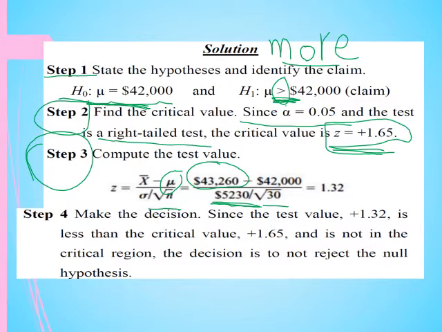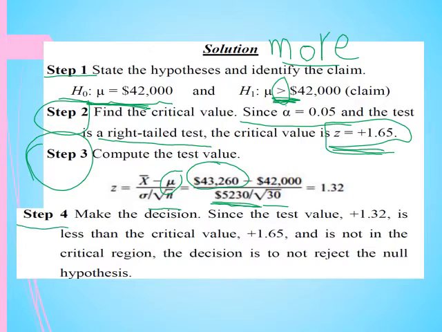Here let's note that we have n equal to 30, which is suitable for that test. Also it's normally distributed, so we use the Z formula, or the Z test.